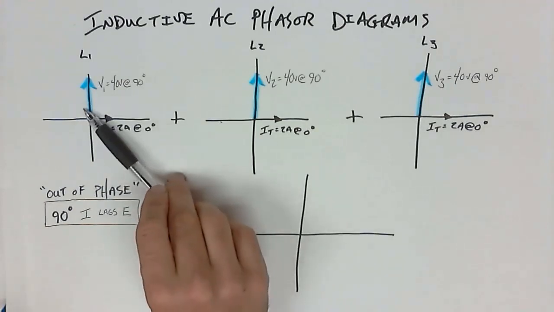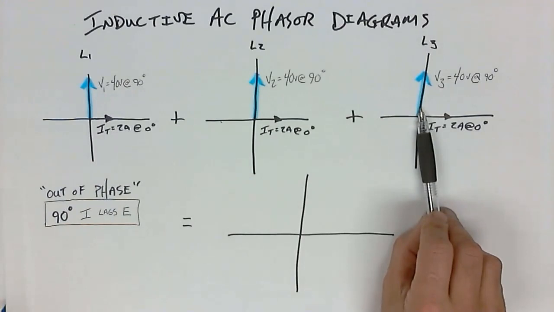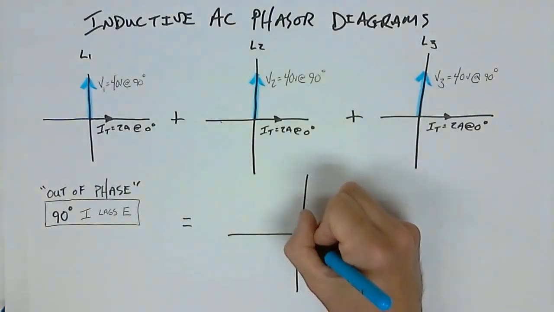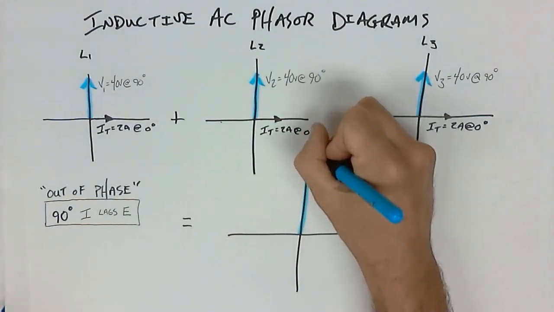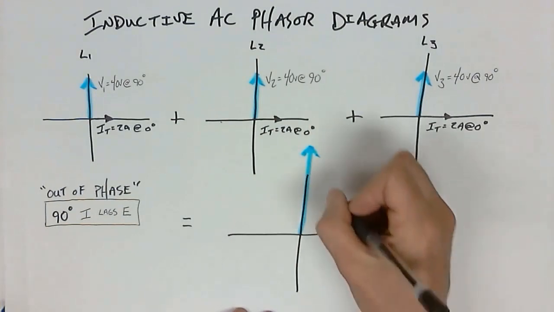So how would we add these? Either an HV table or mode 3 on your calculator. When we add those three together, what we end up with is a total voltage value, which is the sum of those three.